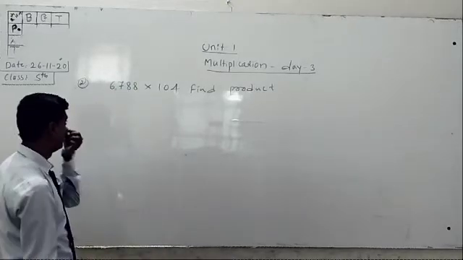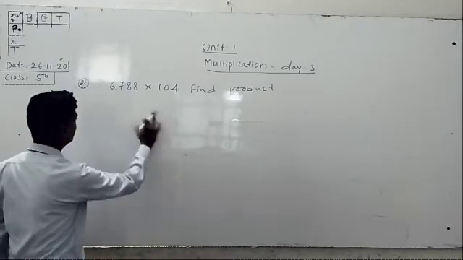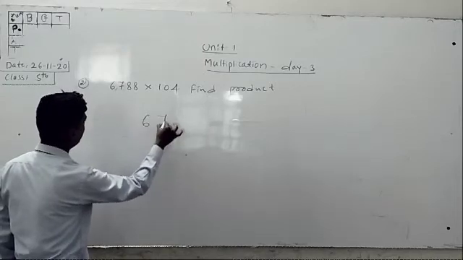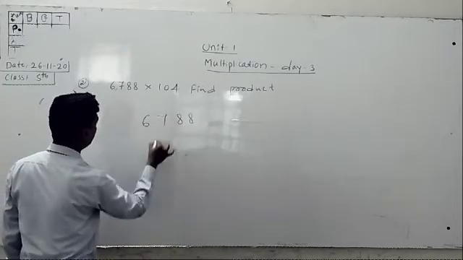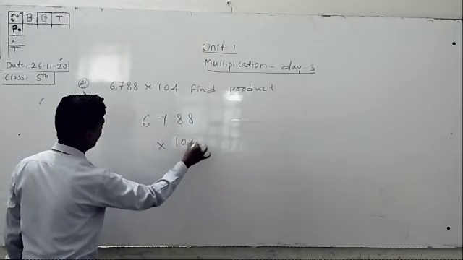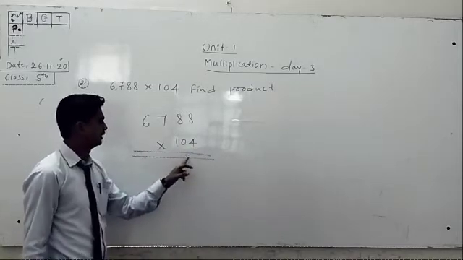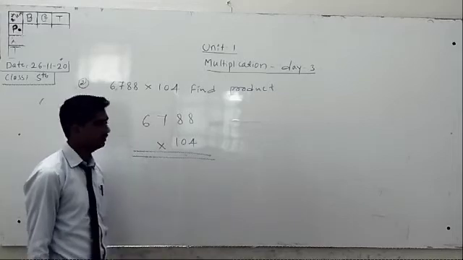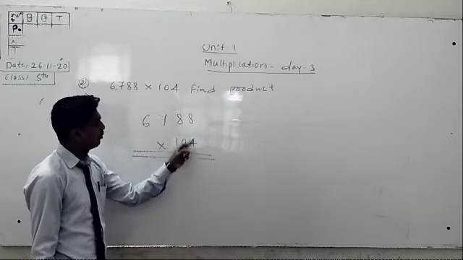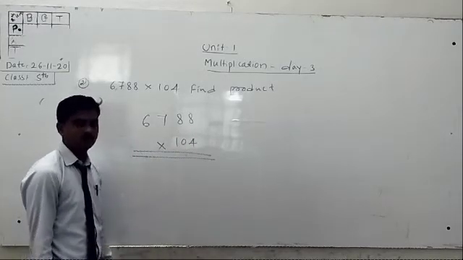Then you have to write it as it is. Yes or no? Then here 4 8s are 32.